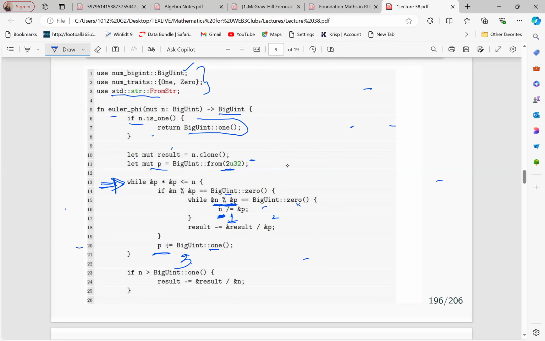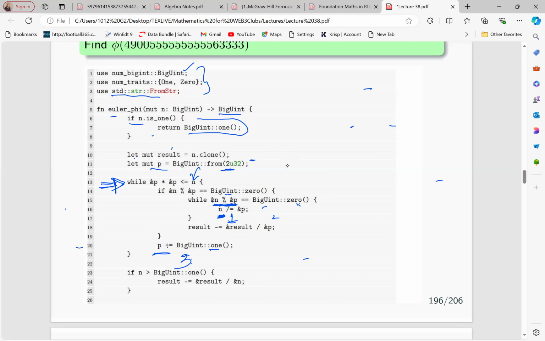And then our P now is 3. And then you check 3 times 3 if it's less than or equal to N, 1. There are cases when it will not be 1, and there are cases where it will be 1. And then you redo this process with the 3 and the new N until you exit the loop.